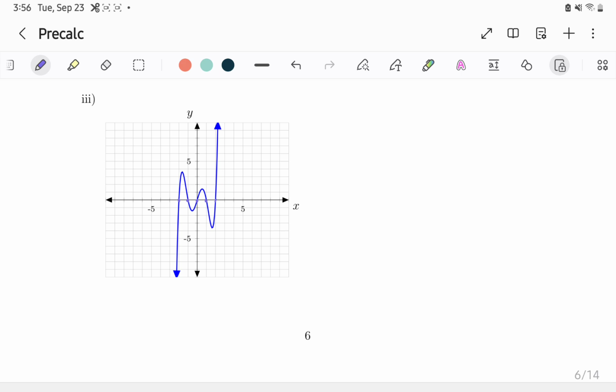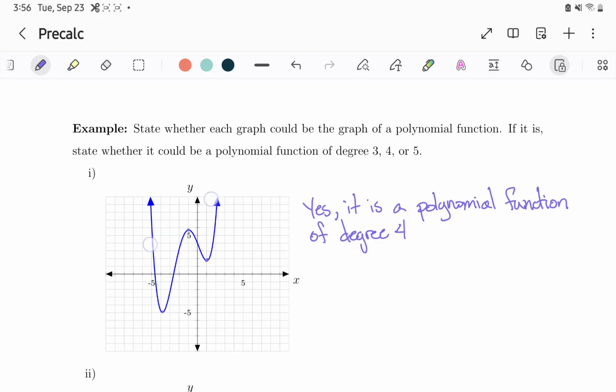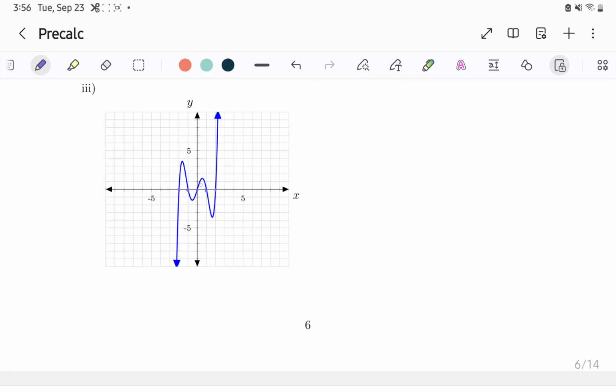And so this can only be a polynomial function of degree 5. If we're only considering degree 3, 4, or 5 polynomial functions, then this can't be a degree 3 polynomial function because it has 5 zeros. And a degree 3 polynomial function has at most 3 zeros. Another thing we can check for is the number of turning points. There's 1, 2, 3, 4 turning points, so an even number.